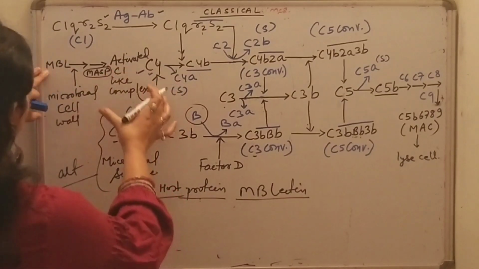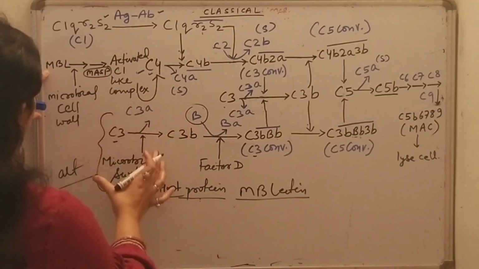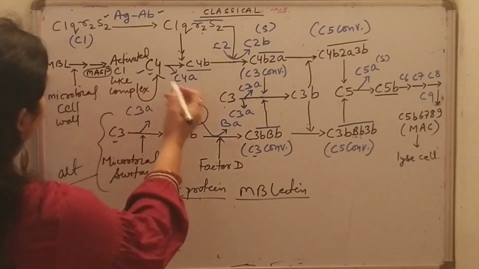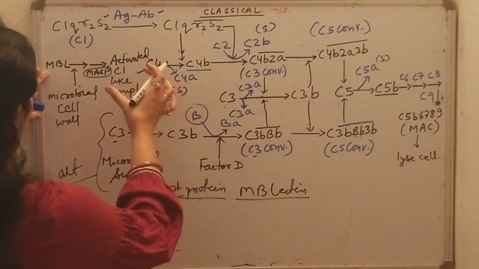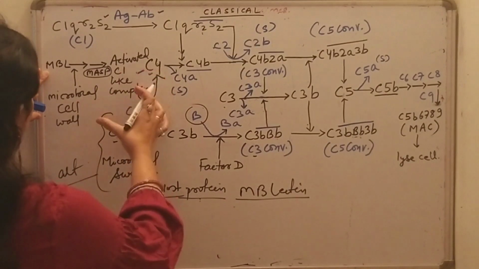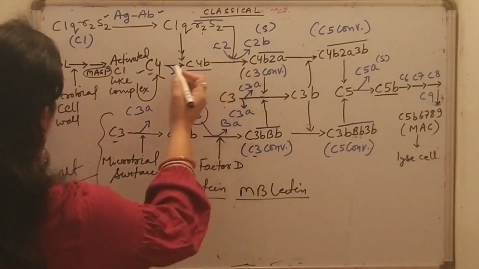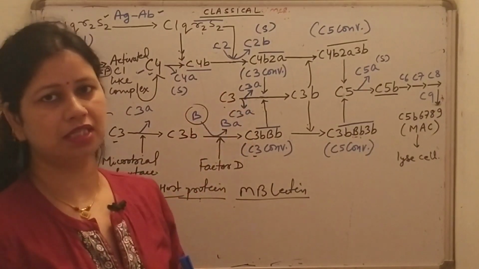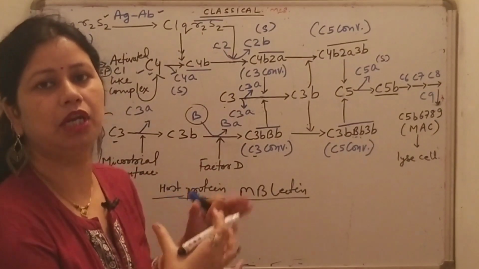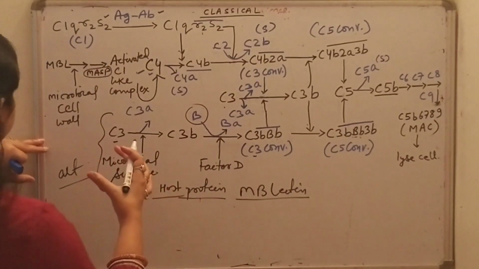Now the question arises, why? Because after its initiation or activation, it proceeds through C2 and C4 to produce the activated proteins of the complement system, and so it is more similar to the classical pathway.